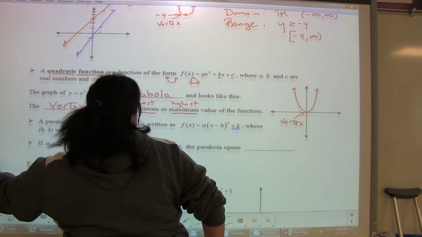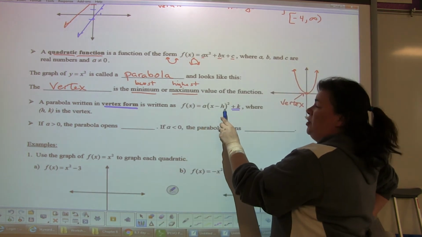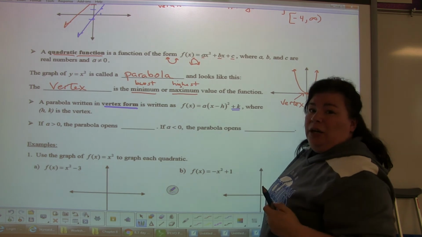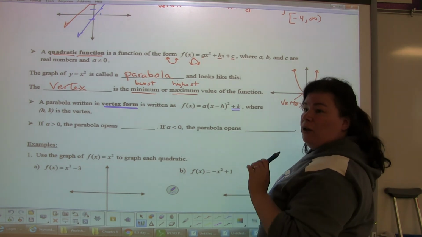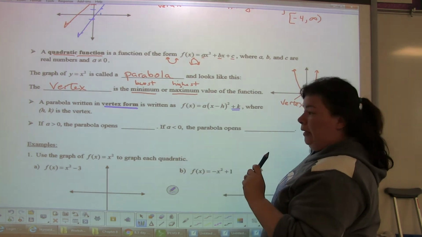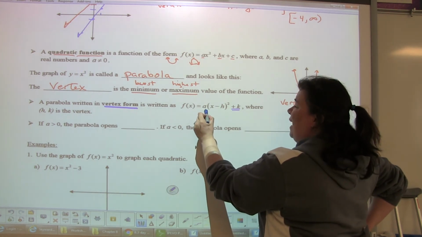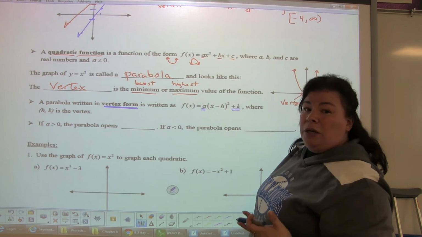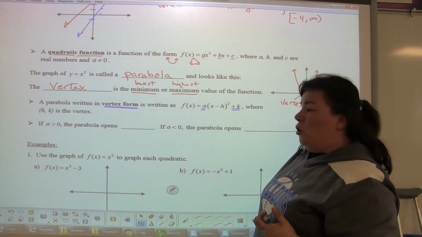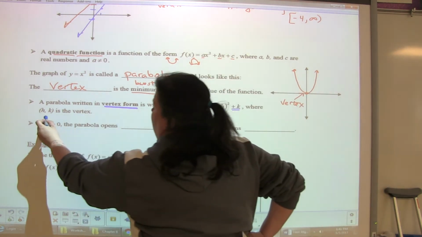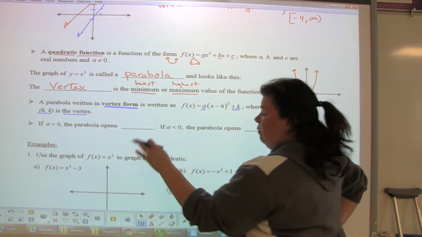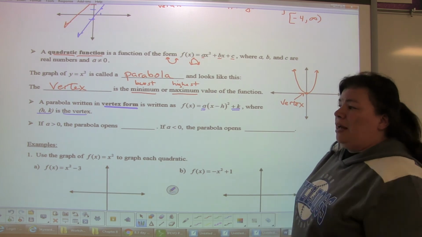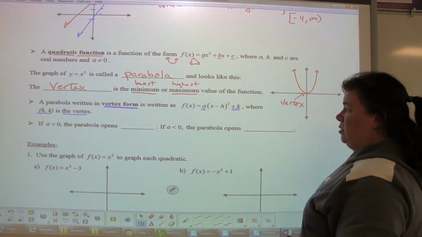And notice that this h is included with our x value. That is going to predict the movement of our graph left or right horizontally. And what this a does is tell us which direction our parabola is going to open. Now h comma k is the vertex. We will see some examples of how that applies when we get to them.